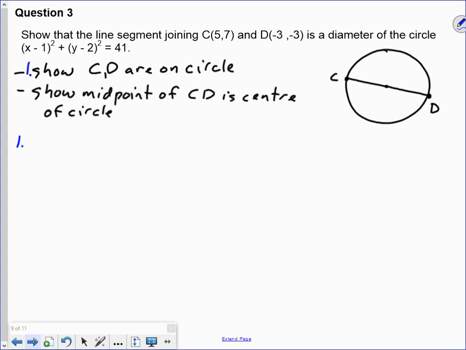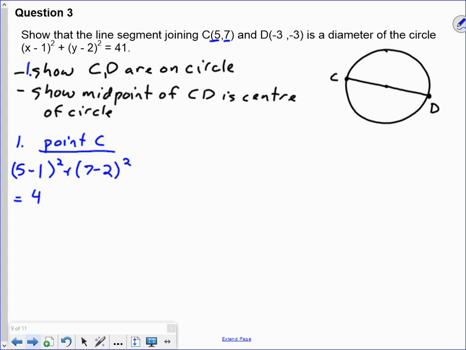To show that these are on the circle, we just have to sub those values in to make sure that our left side equals our right side. So let's do this for point C first. On our left side, our x value is 5. So we'll do (5 minus 1) squared plus our y value is 7, (7 minus 2) squared.